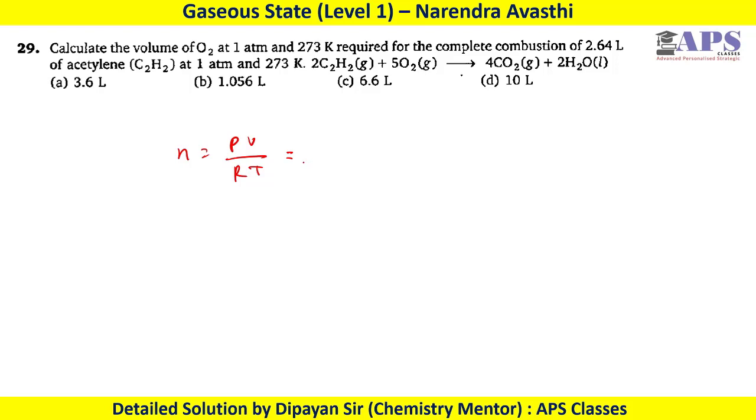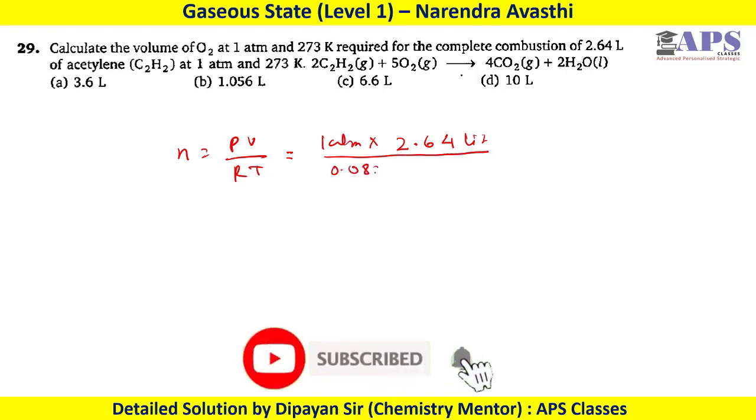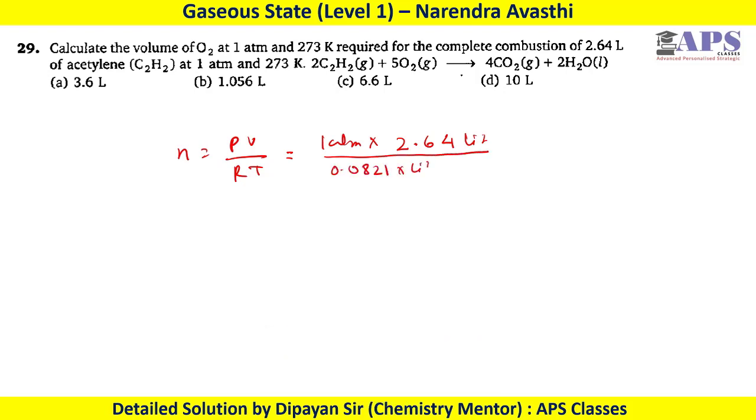Pressure is 1 atm, volume is 2.64 liter, the value of R is 0.0821 liter atm mole inverse Kelvin inverse, and temperature of the system is 273 Kelvin. From this calculation we will get the number of moles as 0.118.